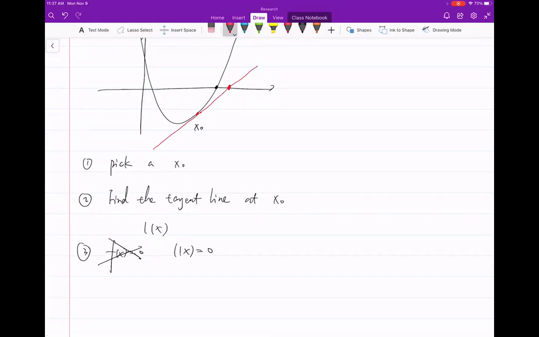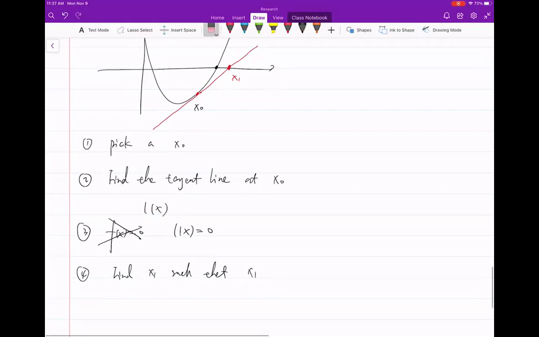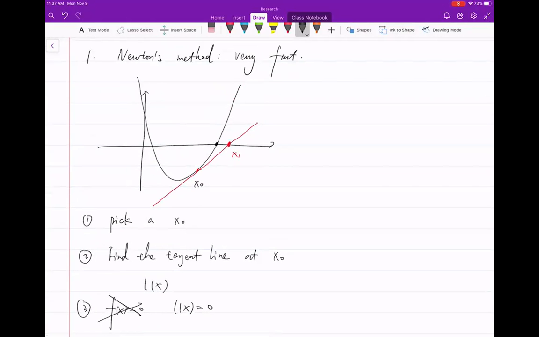Now I end up at something called x1. Make sense so far? I'm not done, but what I claim is x1 is better than x0. It's closer to the real point I want. It's closer to the black dot.